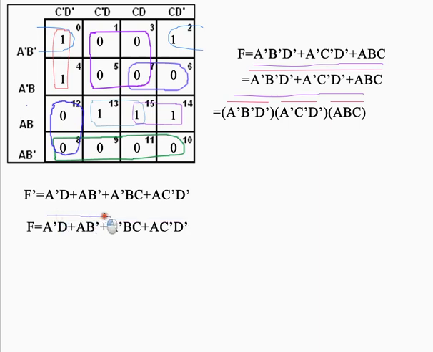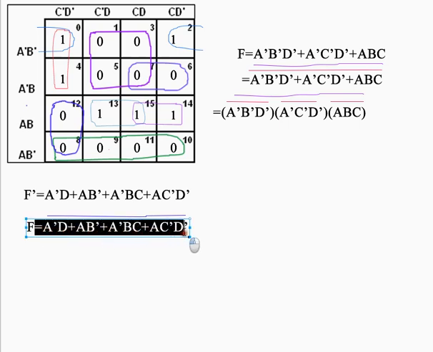If I invert all of this, then I have inverted the complement function, so that is my original function. And then what I do is apply De Morgan's rule.